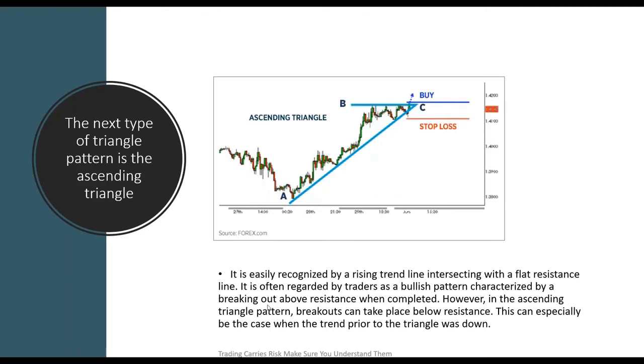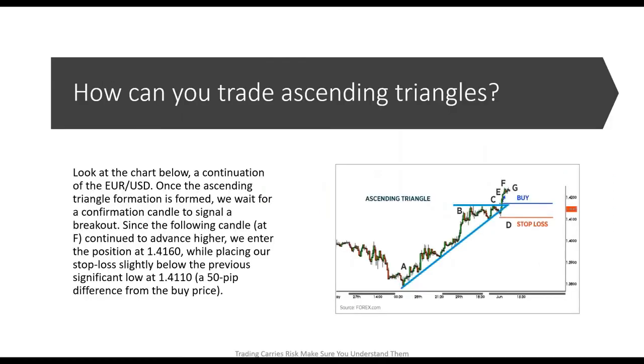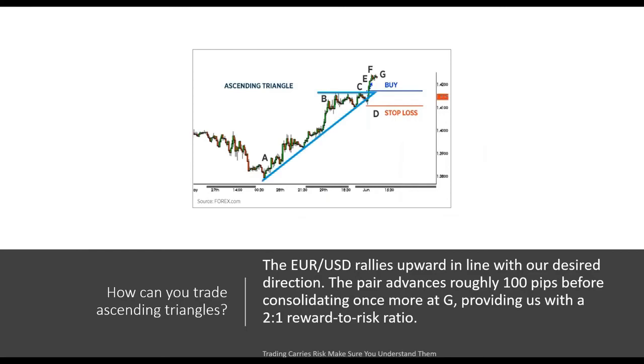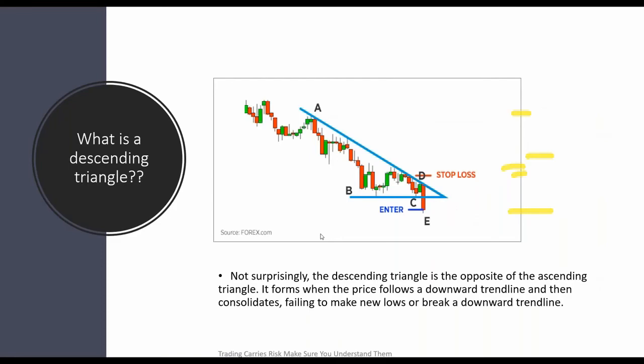So if you notice, here we have an ascending triangle. Same thing is done. We don't change the rules for the type of triangle. Again, limit order, breakout, stop loss, entry point. Descending triangle, same thing.